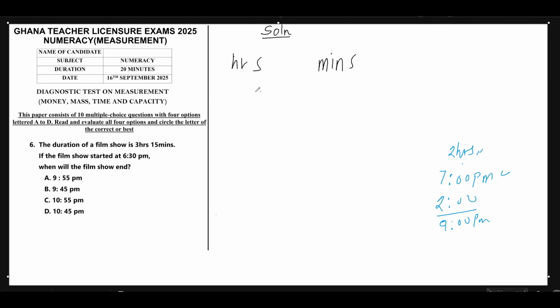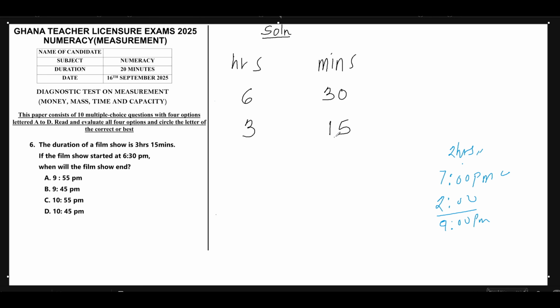The start time was 6:30 p.m. So 6 will be placed at the hour column and 30 at the minute column. The duration was given as 3 hours 15 minutes. So again, 3 at the hours column, 15 at the minute column.